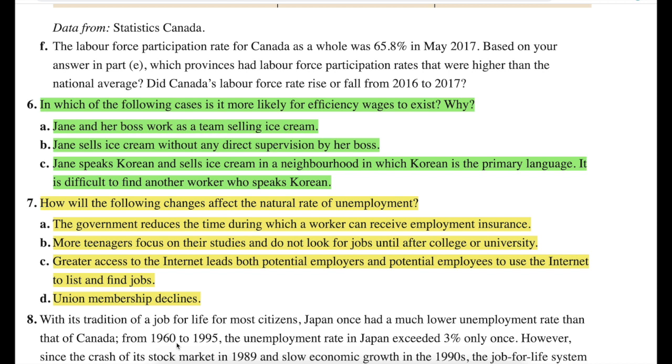Then in order to increase efficiency, the boss will pay Jane an efficiency wage. In C, Jane speaks Korean and sells ice cream in a neighborhood in which Korean is the primary language. So Jane has a rare skill that will be very hard to replace. That's why, in order to prevent Jane from quitting the job, the boss will pay an efficiency wage.